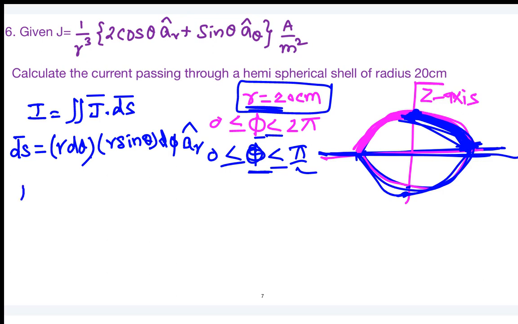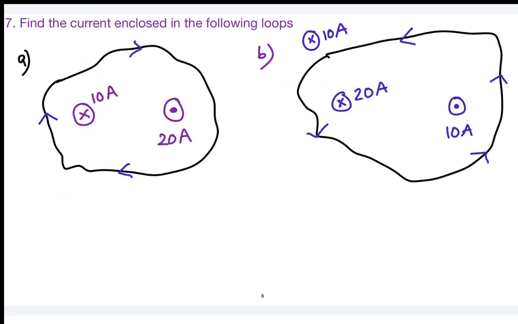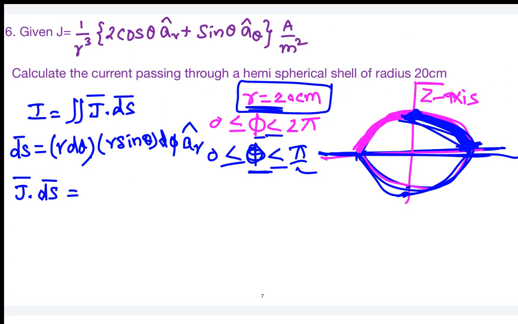So what is the dot product right now? J dot dS is equal to, in the given expression J, your a theta term can be neglected, because when you take J dot dS, one component is ar dot ar, that you will get a finite value. When you take a theta dot ar, that will be 0.